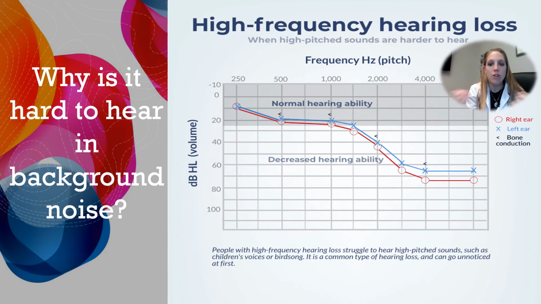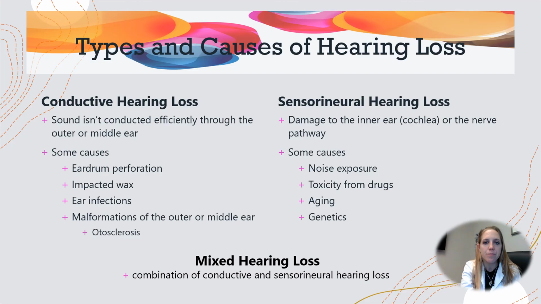So patients hear all that noise because they have good low pitch hearing, but they're missing all those consonant sounds. You might hear that someone is speaking, but you don't know exactly what they are saying, because you're missing those higher pitches.